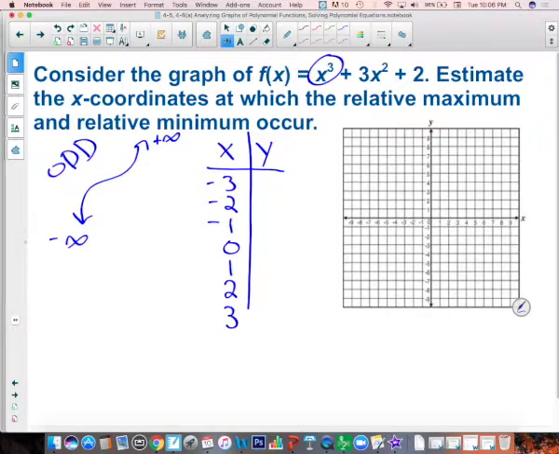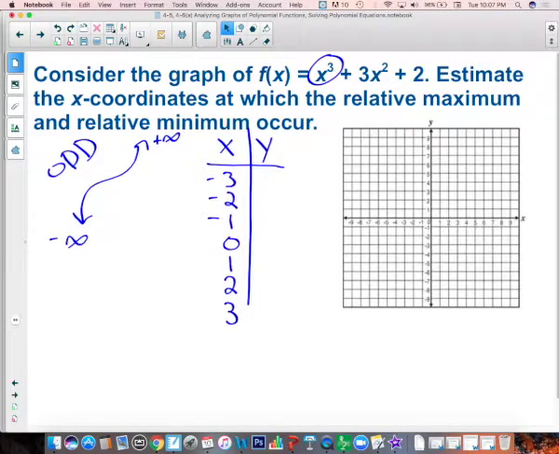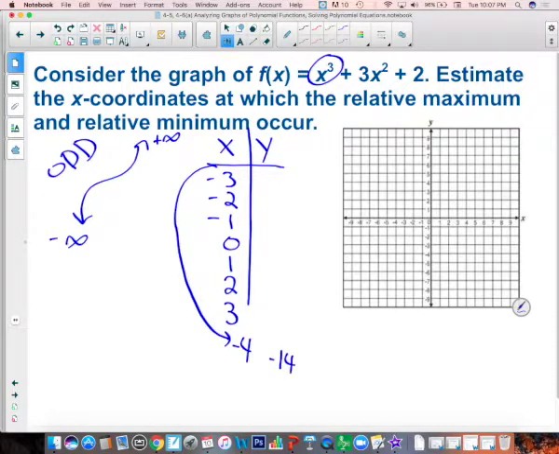Alright, so plugging in my points, I'm actually going to have to do more points than what I have here by looking at my chart. I need a -4 still. So negative 14 is what you get for negative 4.